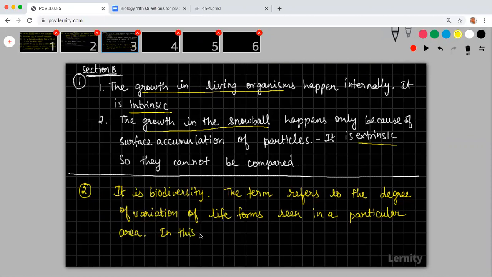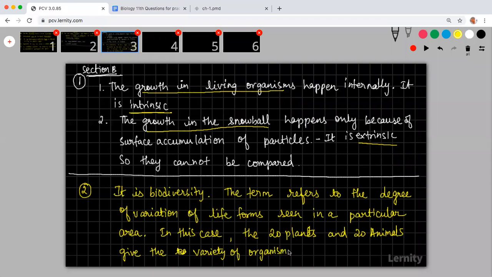In this case, the 20 plants and 20 animals give the variety of organisms in the area. Okay. So this is the answer.